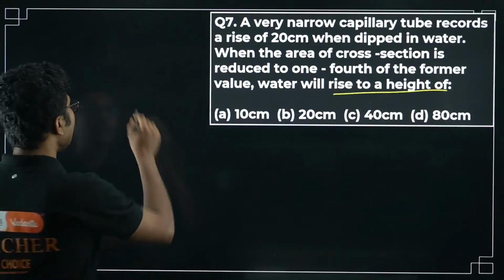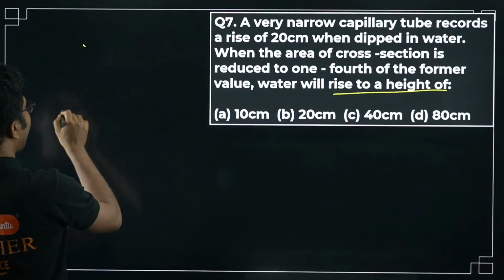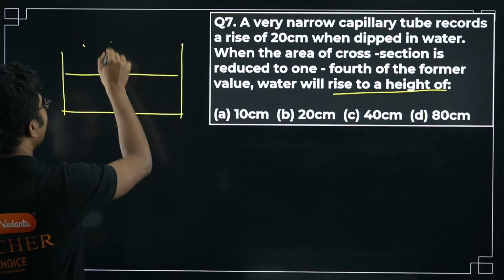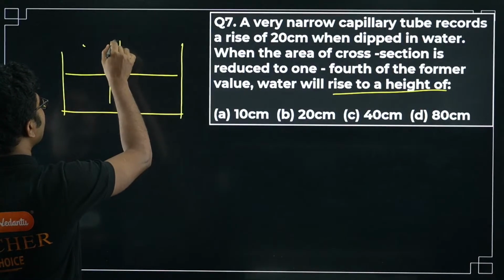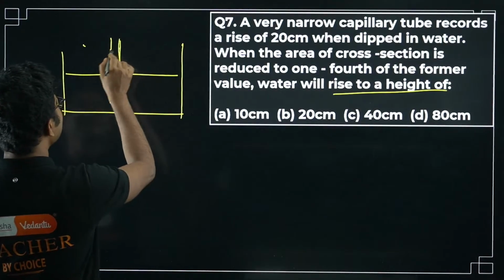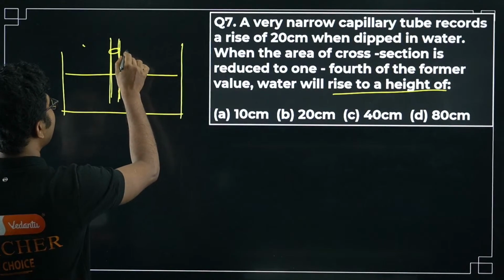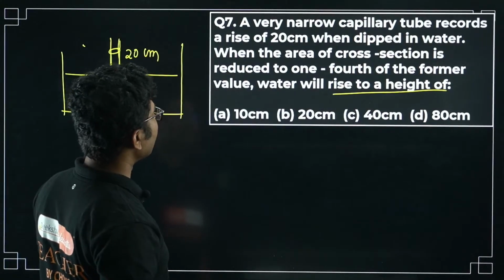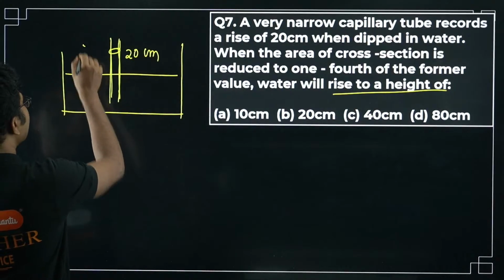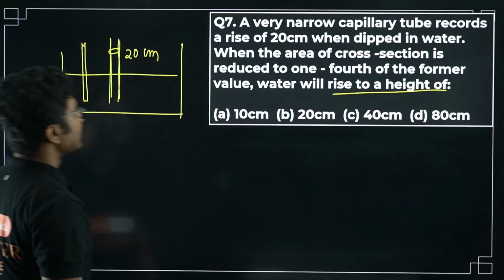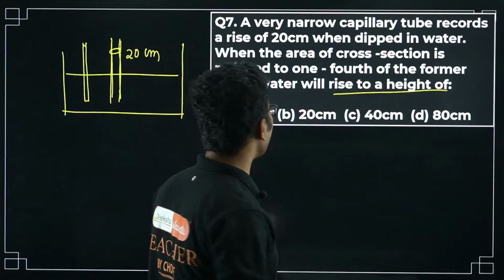Okay, so basically you have a water or liquid and you have a capillary inside it. Once you dipped it, the rise is 20 centimeter. Now what you have done is reduced the area of cross section, so the capillary is much narrower, 1/4 of the former value.